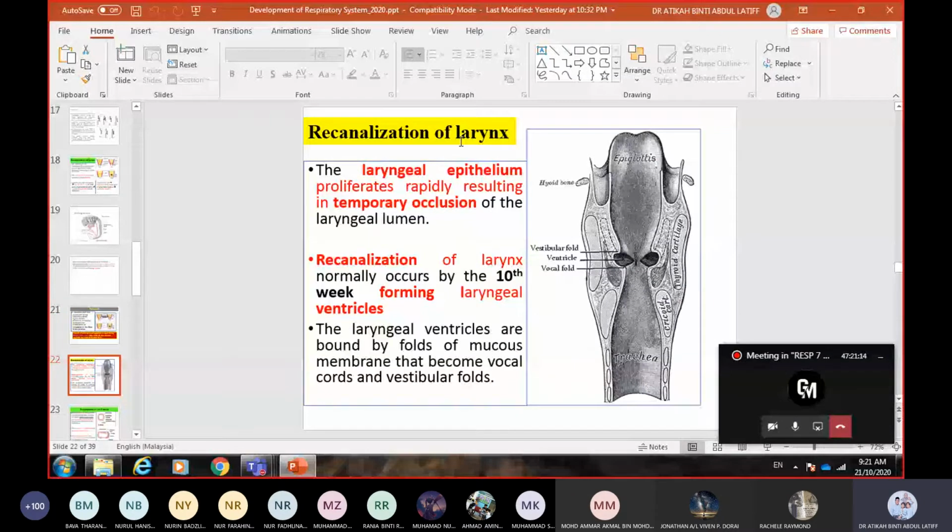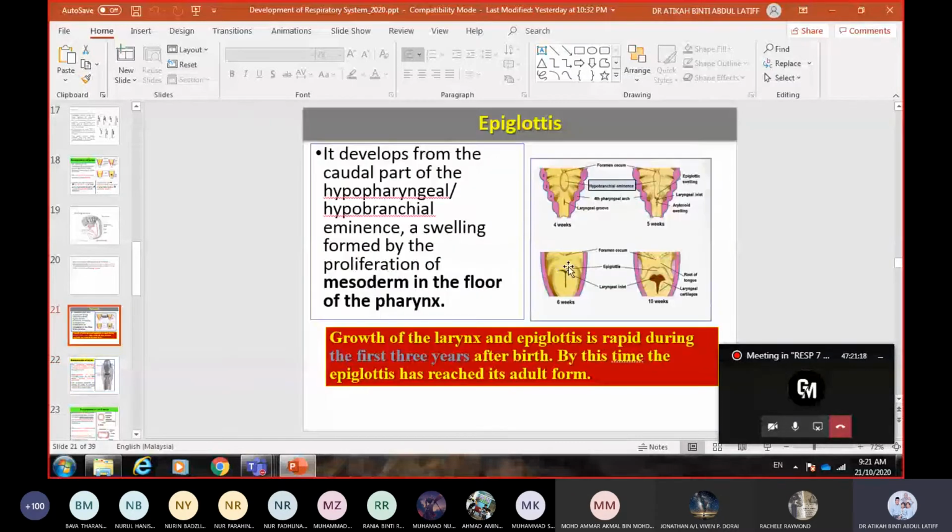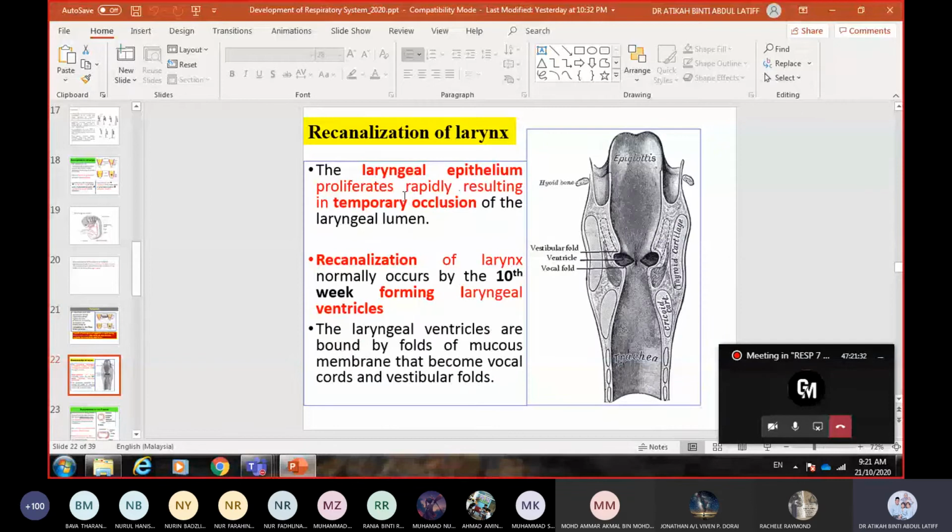Also, if you notice in the larynx, you can see development of the larynx at 6 weeks. There is closure. You can see a T-shaped structure here, in which during development, because of the rapid proliferation of the laryngeal epithelium, it causes temporary occlusion of the laryngeal lumen.